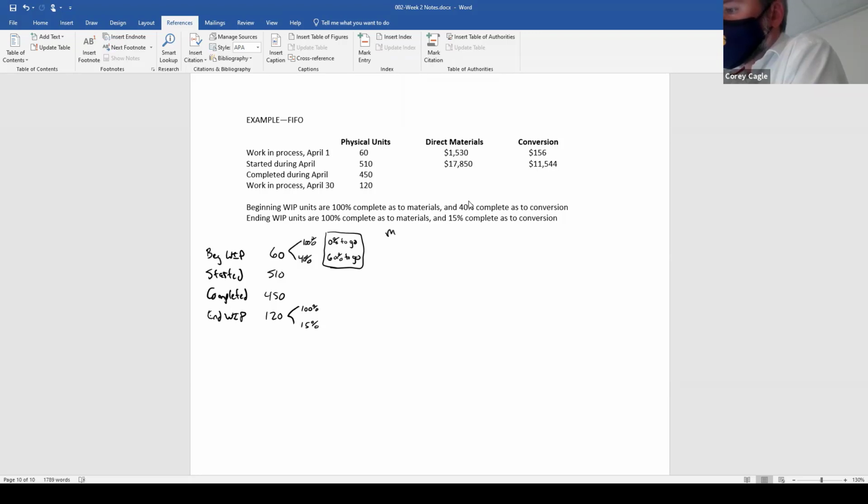All right. So with materials, to finish beginning work in process, 60 units, 0% to go. You've got nothing left to do on materials. No more work with materials on those beginning units.